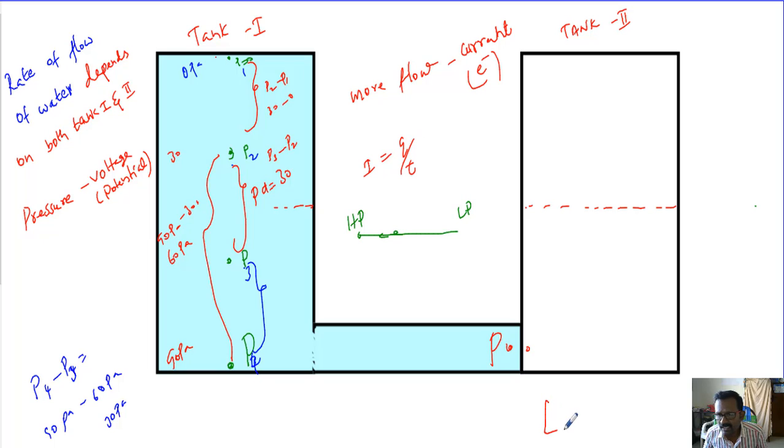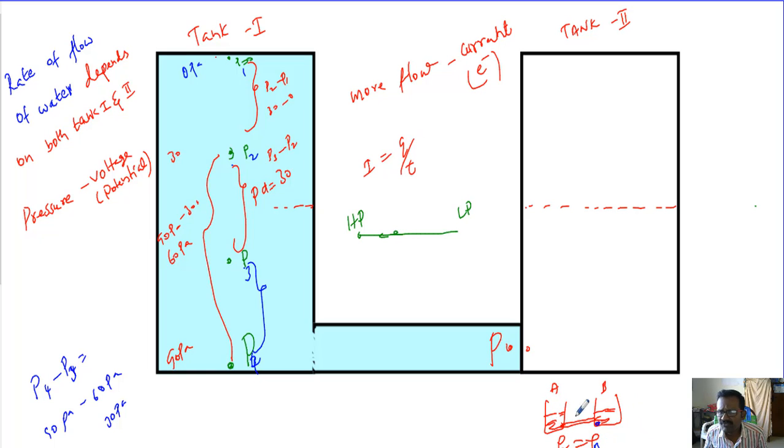If both tanks, this is tank 1, this is tank 2, have the same water level, now you connect the tube across this one. So the pressure at this point and the pressure at this point are equal. The pressure of tank A at this point and the pressure of tank B at this point are equal.